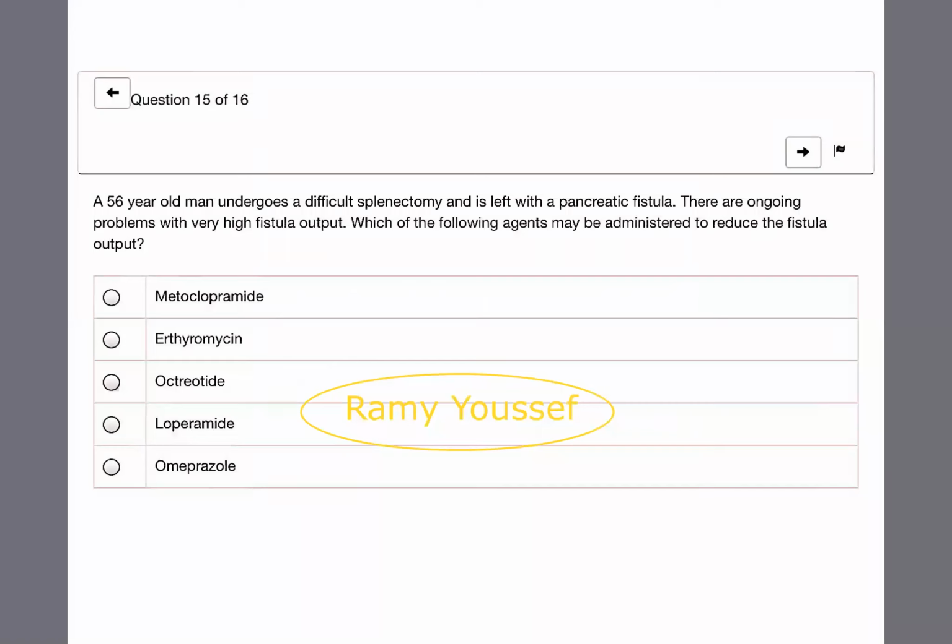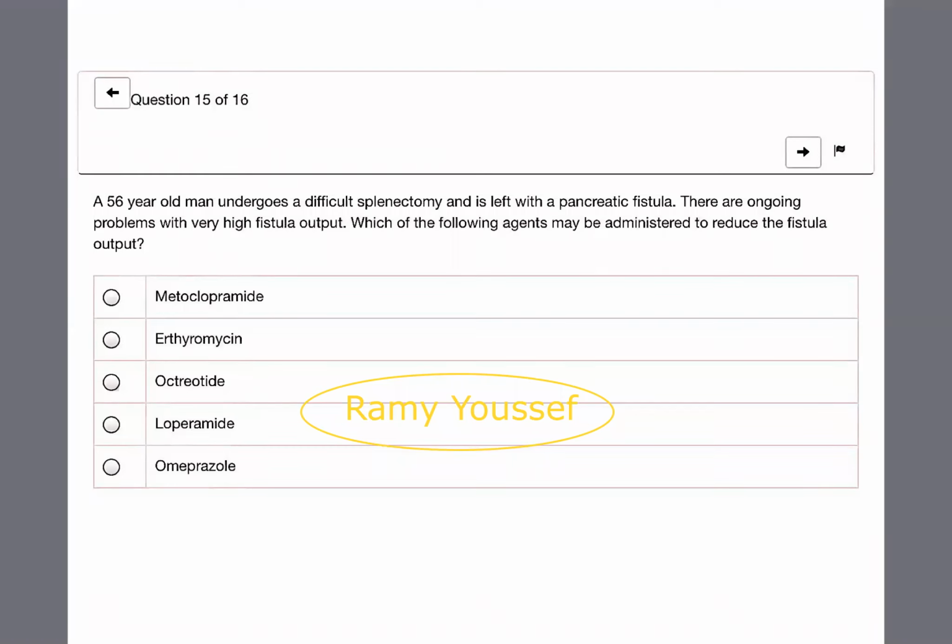Dr. Ahmed Awida. A 56-year-old man undergoes a difficult splenectomy and is left with a pancreatic fistula. There is an ongoing problem with very high fistula output. Which of the following agents may be administered to reduce the fistula output?